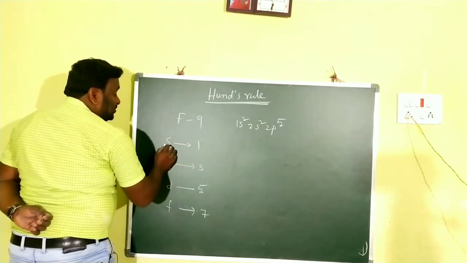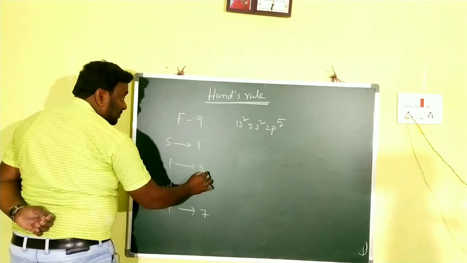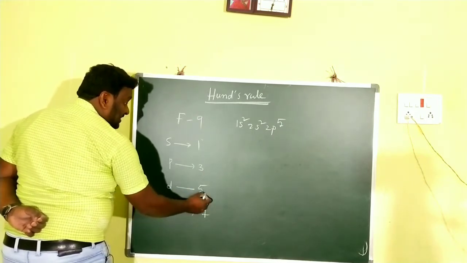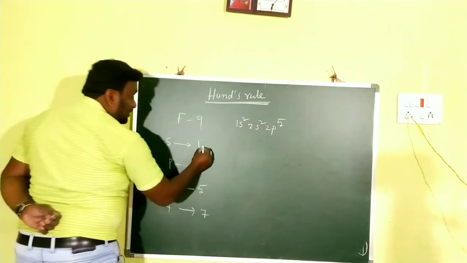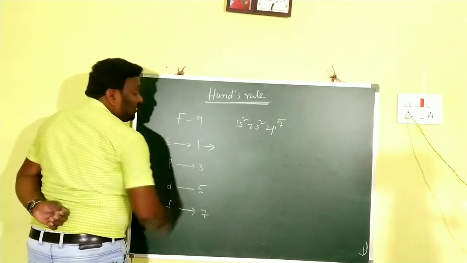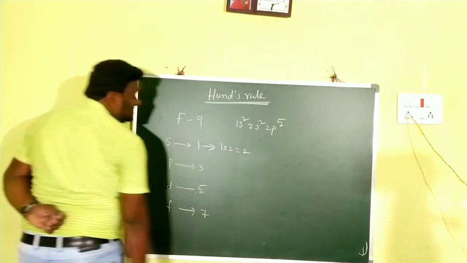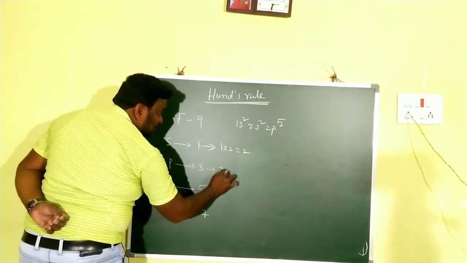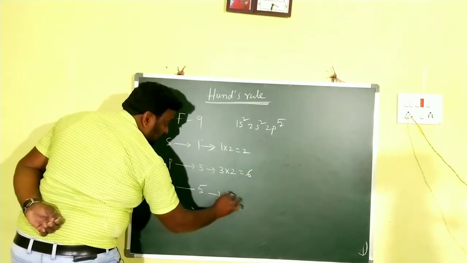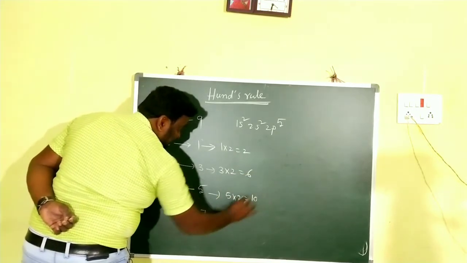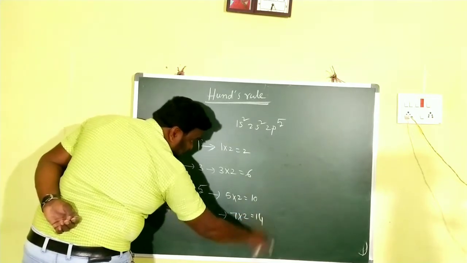Every degenerate orbital consists of 2 electrons. That's why 1 into 2, 2 electrons; 3 into 2, 6 electrons; 5 into 2, 10 electrons; and 7 into 2, 14 electrons.